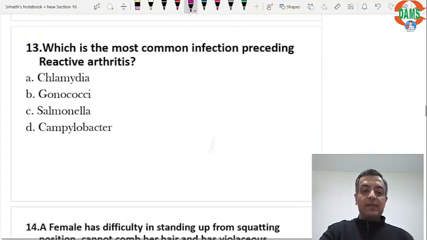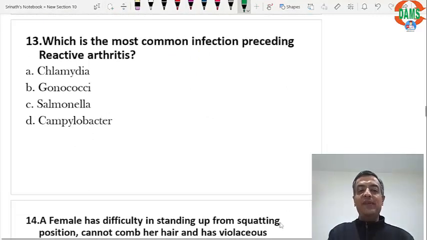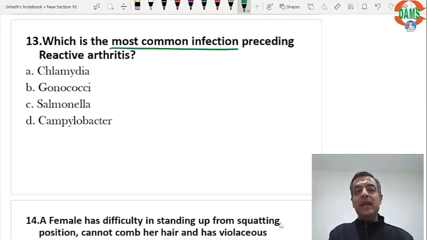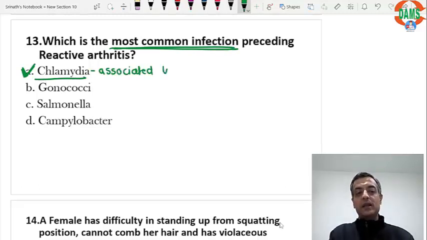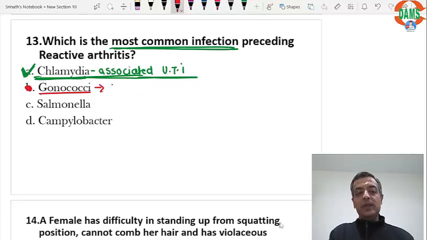Question 13. Which is the most common infection that precedes reactive arthritis? The correct answer now is chlamydia associated urinary tract infection. Old name: gonococci used to lead to Reiter's syndrome, the old name of reactive arthritis.